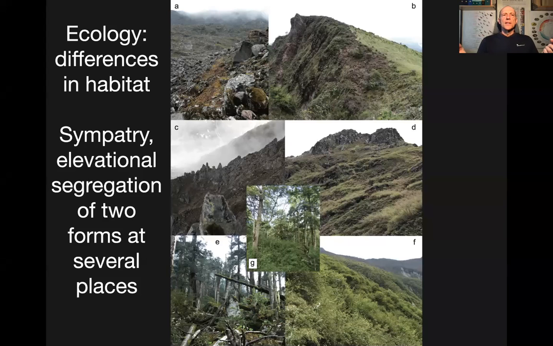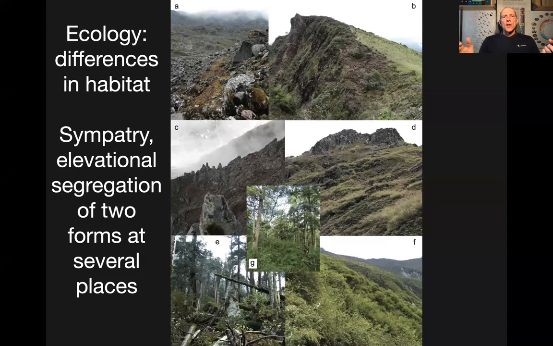We also studied ecology. So we looked at habitat differences, and we could see that different populations, which seemed to differ in appearance and very strikingly in vocalizations, occurred at different habitats.